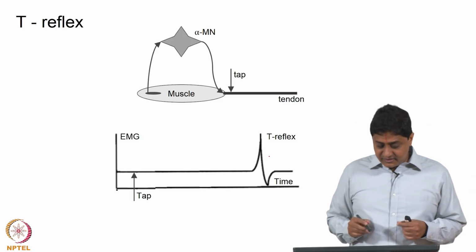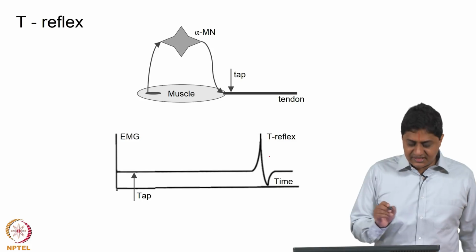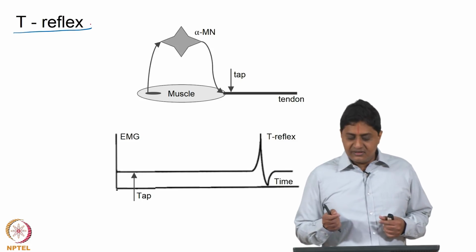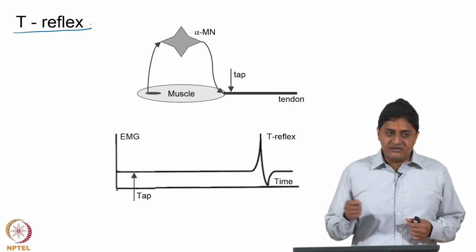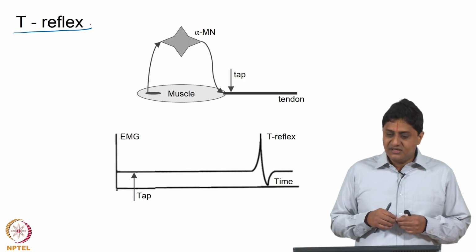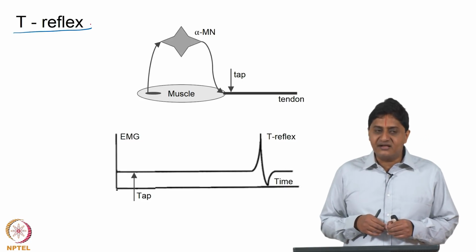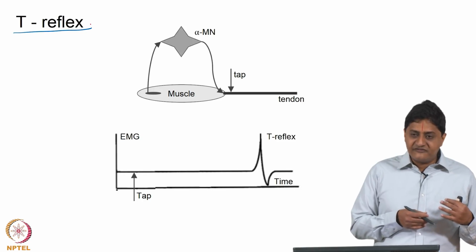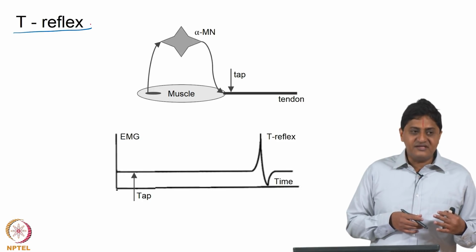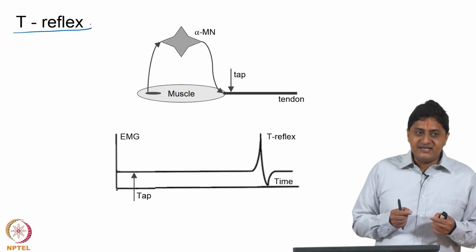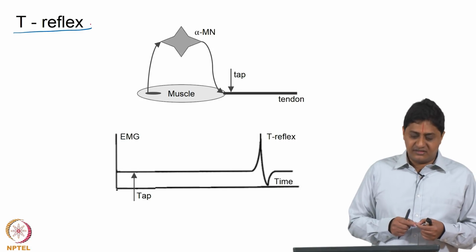And we discussed, or at least introduced in the previous class, what will happen if a tendon is tapped with a small hammer. There is going to be a jerk, or what is called a knee jerk response, right. This is called the tendon response or the T reflex. The electrical analog of this T reflex is the H reflex, and the T reflex is a monosynaptic reflex.